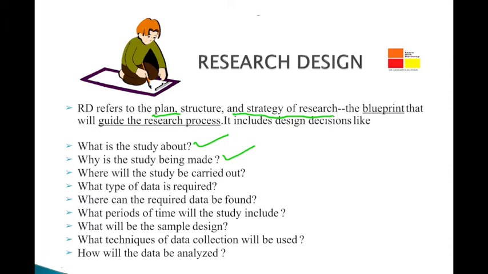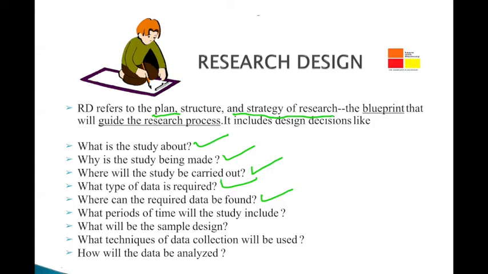Where will the study be carried out, you have to explain the area or the sample you are covering. What type of data is required and where can the required data be found, whether you are taking primary data or secondary data, and from where you are gathering it, that is also to be mentioned in the research design.